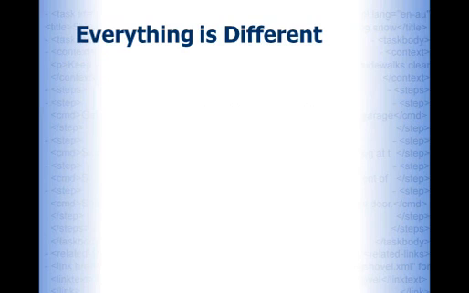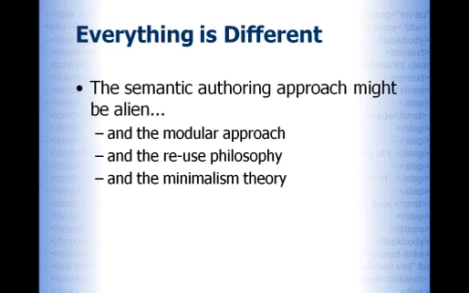So I suppose, summarising that little section, we'd say that in a DITA authoring model, most things are different. Perhaps saying everything is different is a bit extreme, but most things are different. It means that, if we're not used to semantic authoring, things are going to seem a bit alien. The semantic authoring approach, the disconnection from style, might be a bit alien.